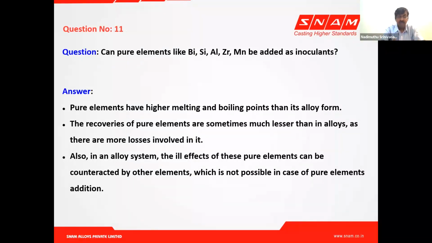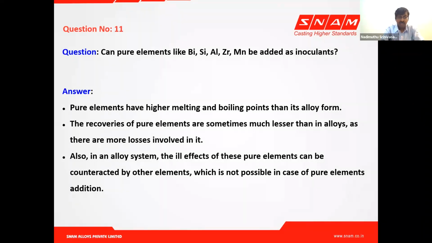Like I said, when we design the ferroalloy based inoculants, we see that the melting point and the dissolution is lesser than your TL, so that we have a complete dissolution. Whereas a pure metal, you have no control. The way it occurs in nature, it has its melting point.